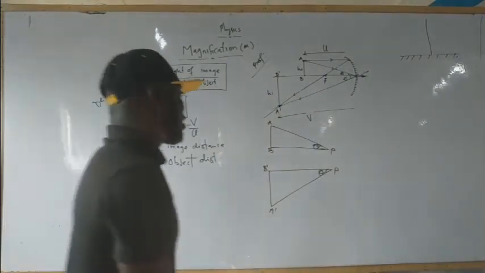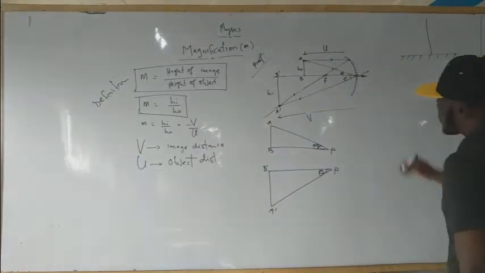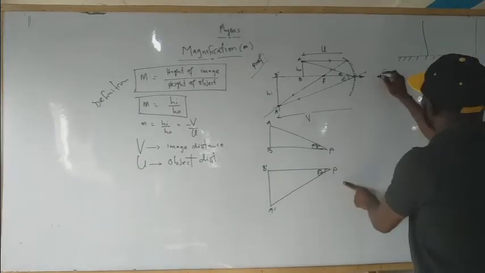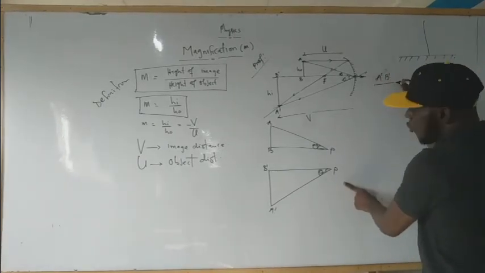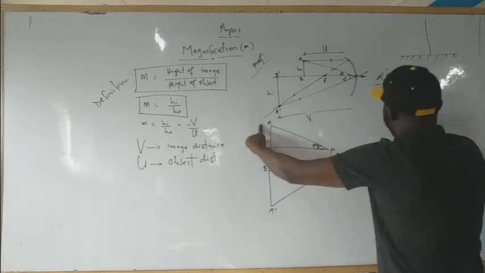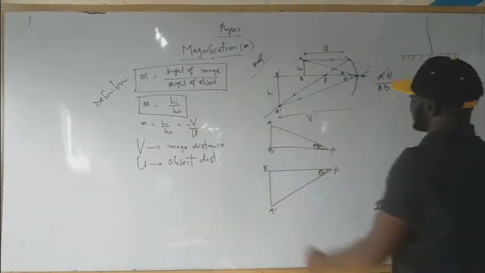Similar triangles. So we can say A dash B dash over AB.